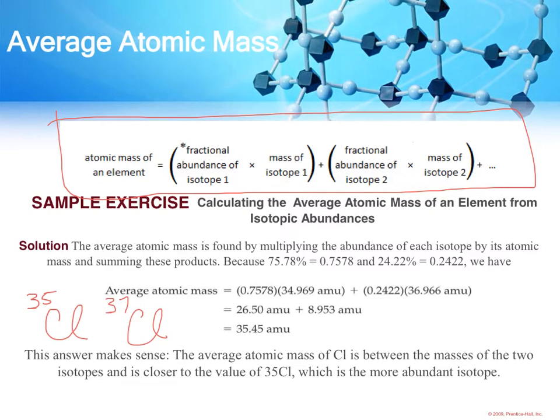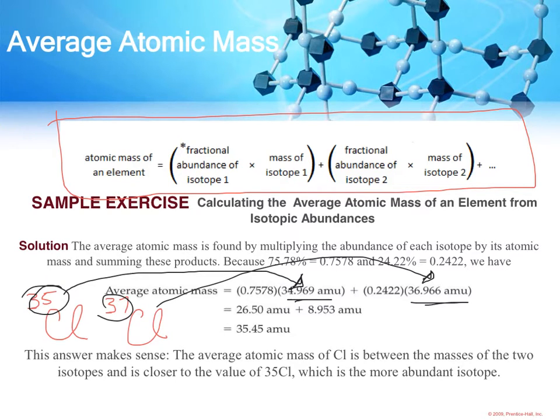And so you might ask yourself, why can't I just use the number 35 in the formula and the number 37? Why am I using these really precise decimal forms? If given the choice in a problem to use a rounded value or a much more precise value, go ahead and use the more precise value. And since they gave those to you here in this problem, that's what you want to use.